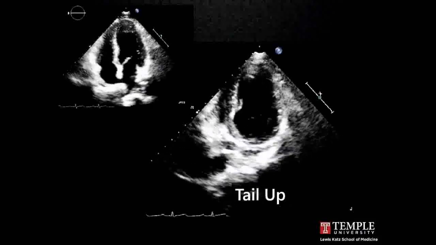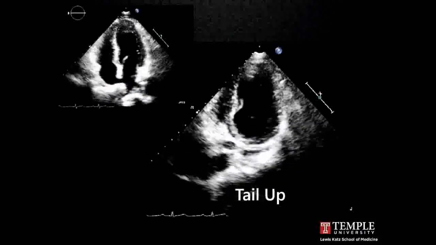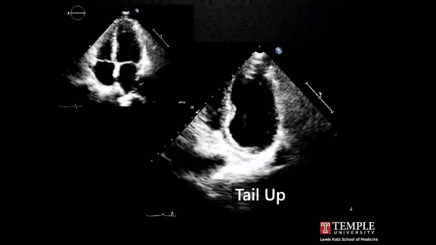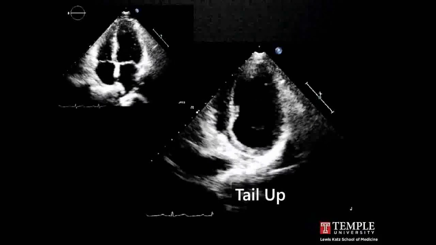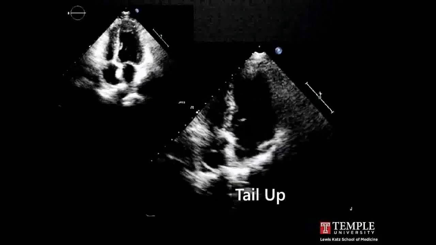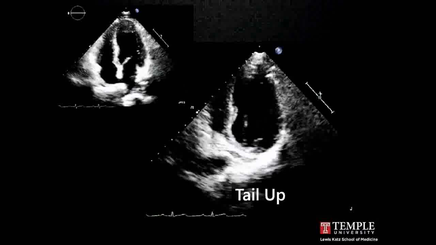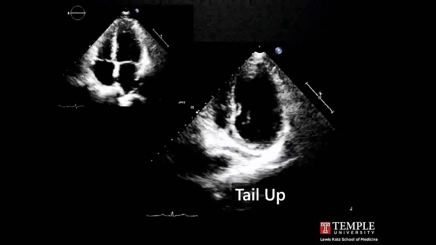You can even see the IVC as it enters the RA, and you've completely obliterated the LA because you're looking down at the left AV groove. You're looking at left AV groove type structures, including the great cardiac vein. So it's just taking account of all the anatomy that's present in your image and letting it tell you what type of image you have.